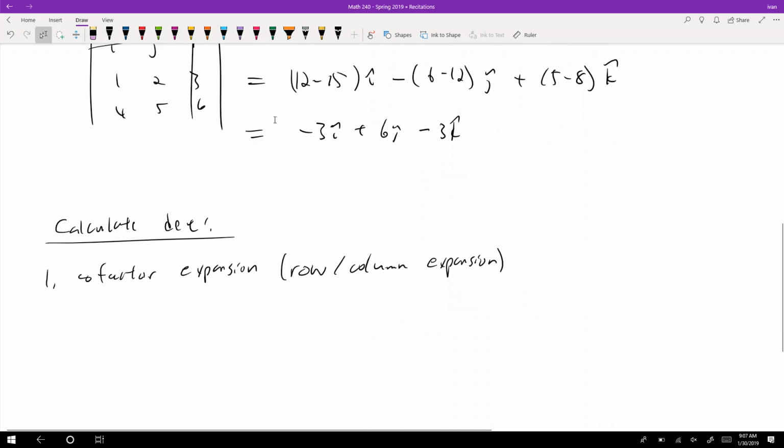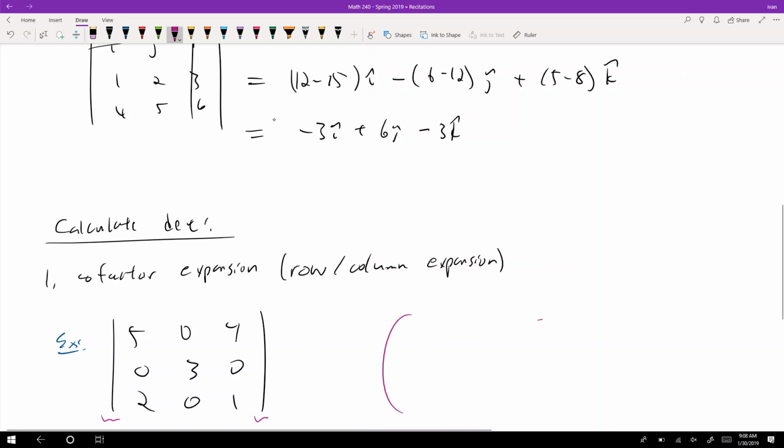For example, if we take this matrix, 5, 0, 4, 0, 3, 0, 2, 0, 1, notice that I'm writing straight lines rather than curvy matrix brackets. These straight brackets mean I'm taking the determinant of what's inside.